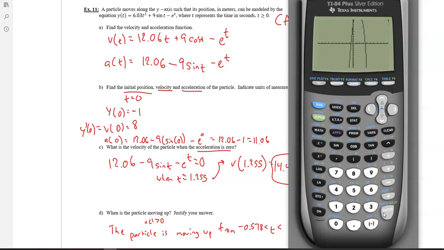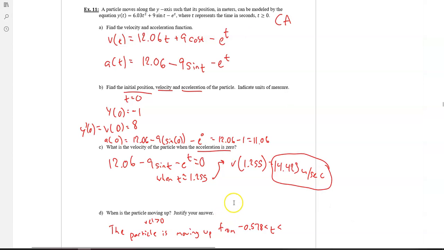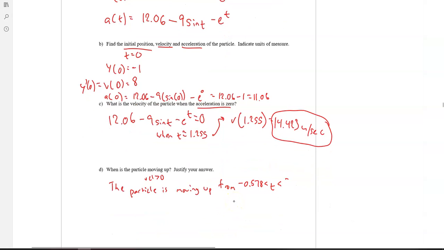And hit enter, to 3.536. Okay, and because the velocity is positive on this interval.